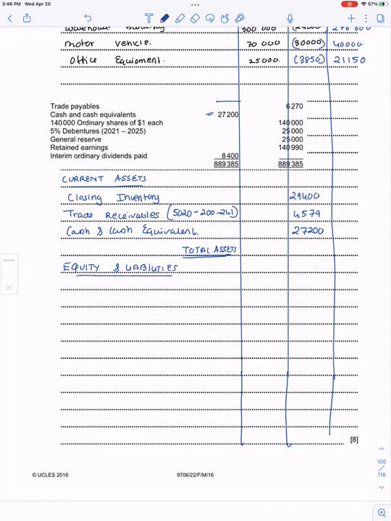We'll have current liability. What do we have in current liability? Trade payables. So we write trade and other payables. There's only one item I'm writing over here.